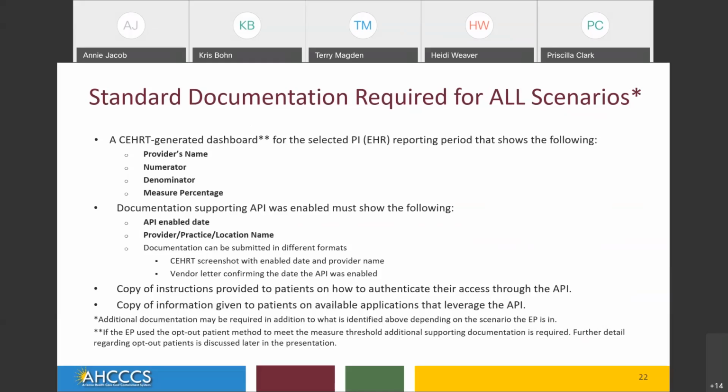And the fourth document is a copy of information given to patients on available applications that leverage the API. Keep in mind, if the EP used the opt-out patient method to meet the measure threshold, additional supporting documentation is required. Further detail regarding opt-out patients is discussed later in the presentation.